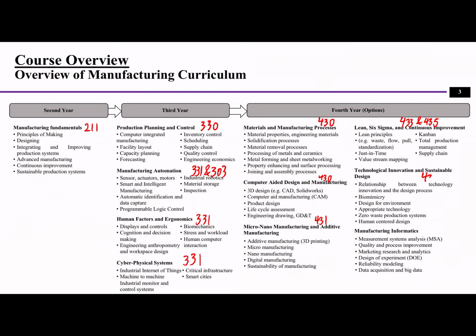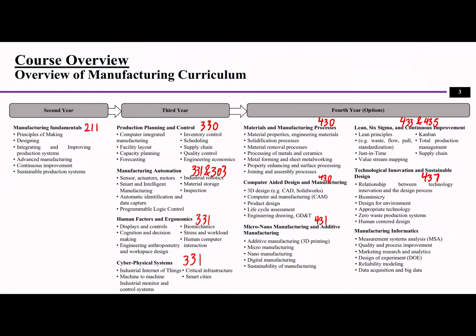And other than that, we also have a couple of other courses. For example, this is the 437 related to technological innovation and sustainable design. There we'll talk about different policies, as well as different technologies related to sustainable design. And one more course is manufacturing informatics.